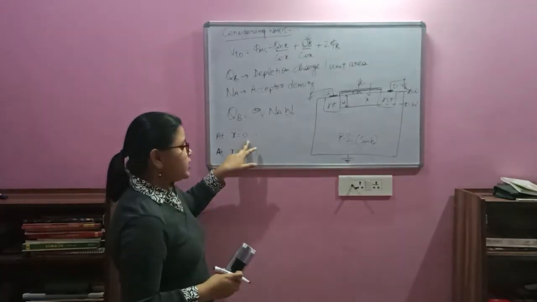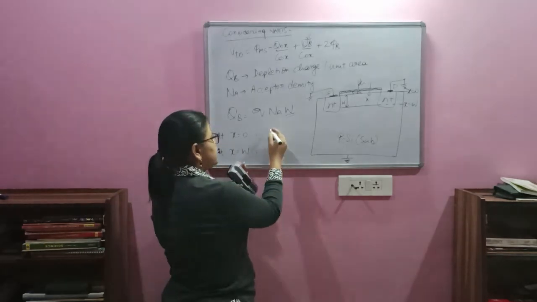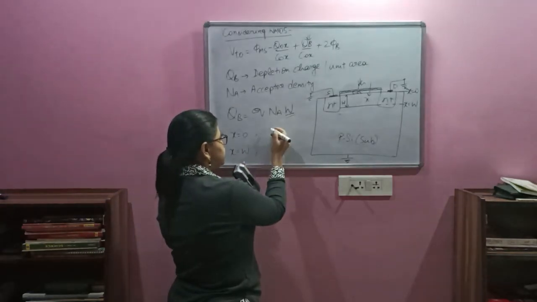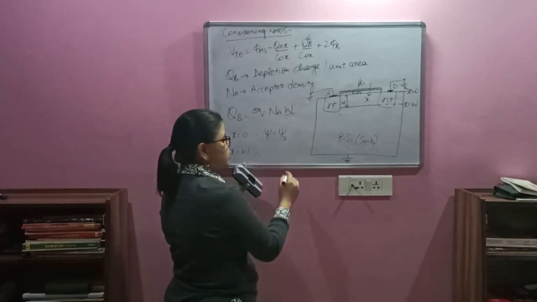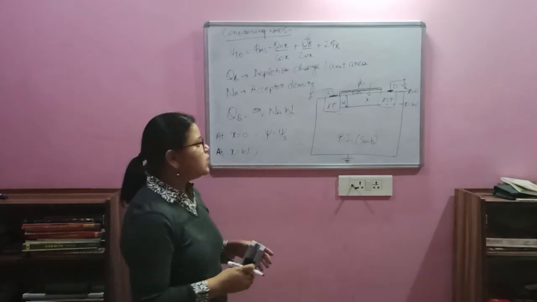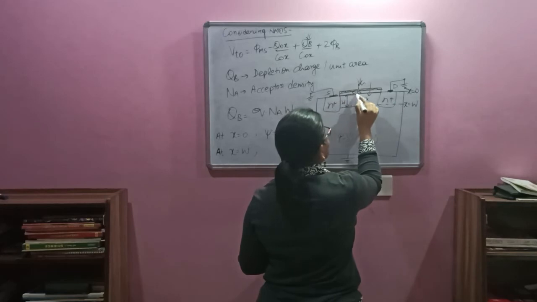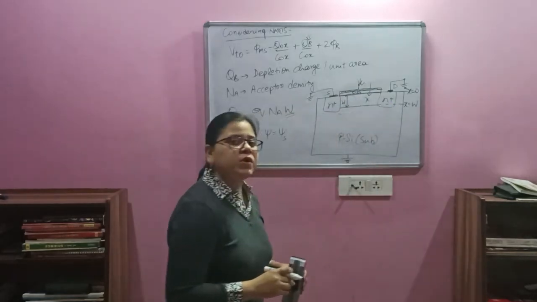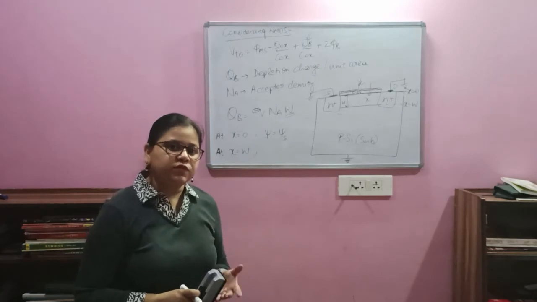When I am talking at X equals to 0, it means psi is equal to psi s, the surface potential, which we have earlier discussed when we were discussing the bending in the energy bands during the accumulation, depletion and inversion process.